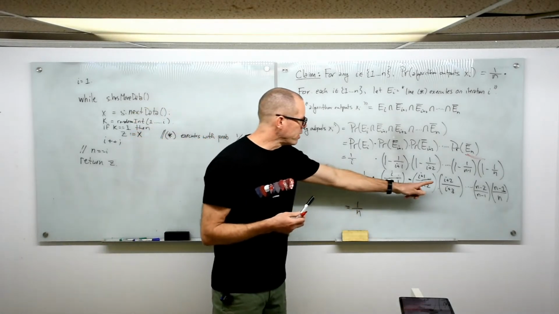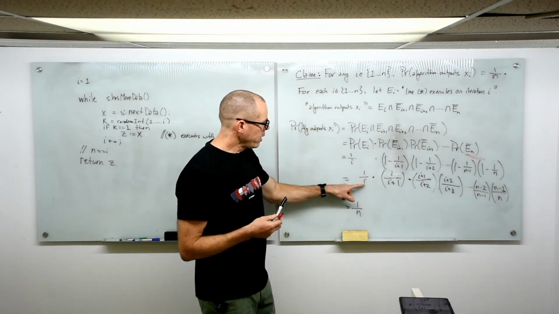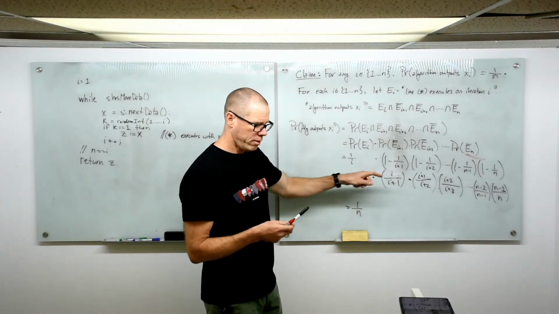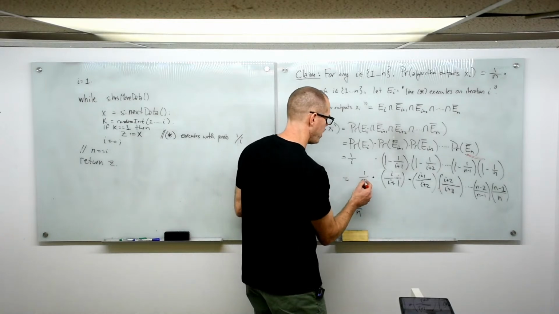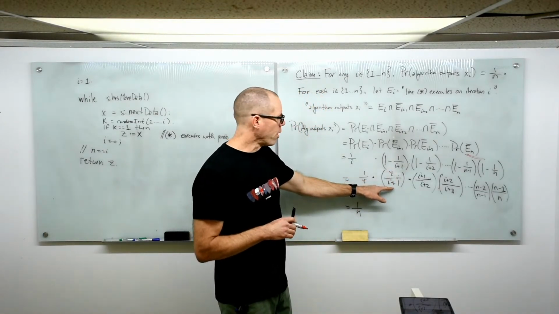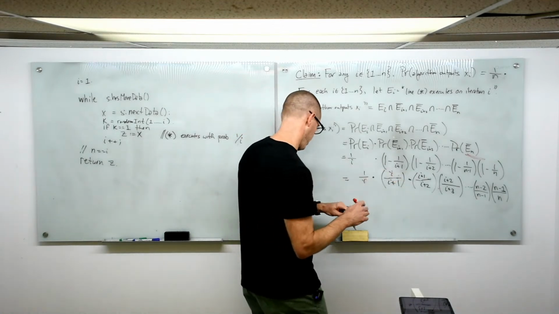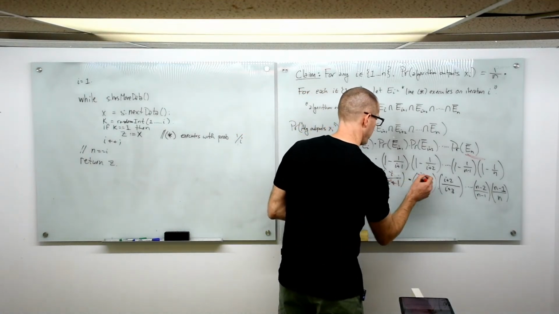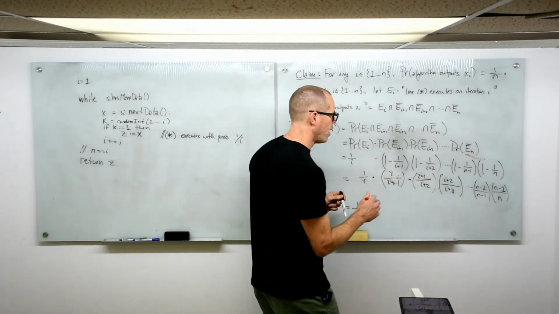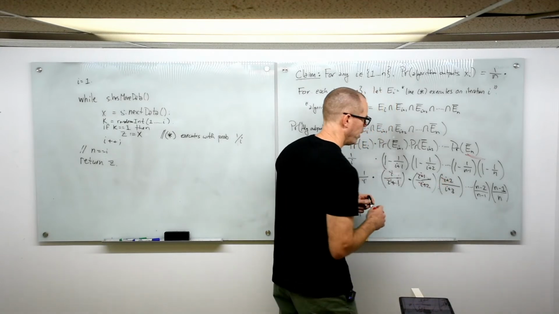We have the product of all these things. So here I see an I on the bottom and an I on top. So those cancel out. Here I see an I plus 1 on the bottom and an I plus 1 on top. So those cancel out. I plus 2 on the bottom, I plus 2 on top. Those cancel out.